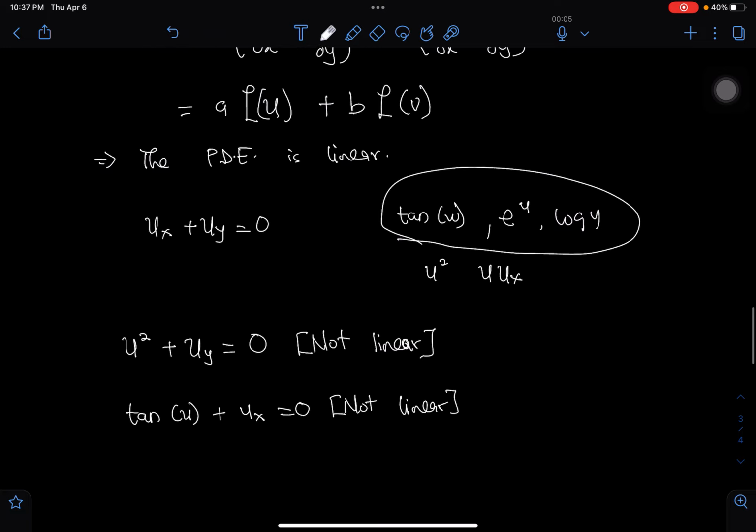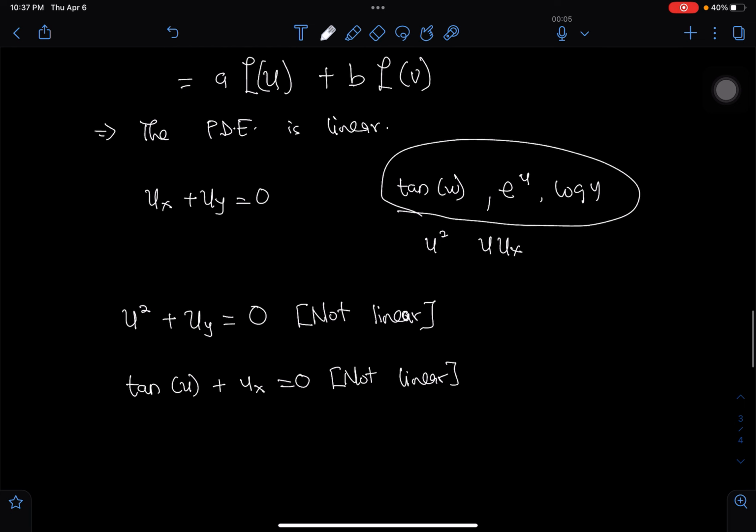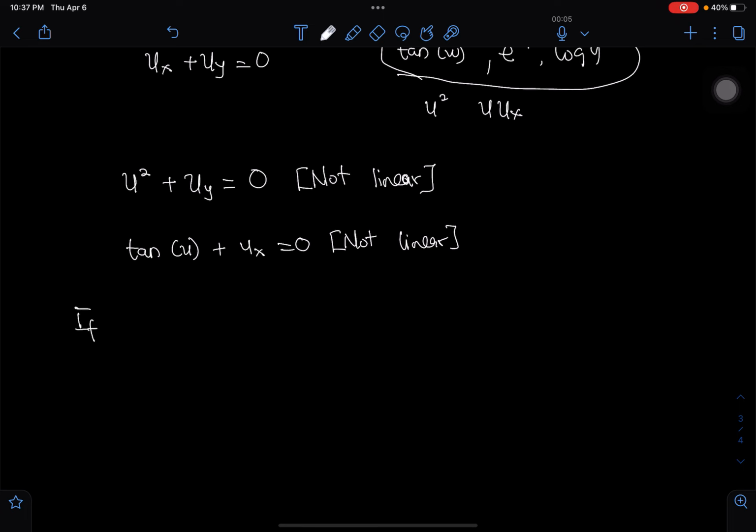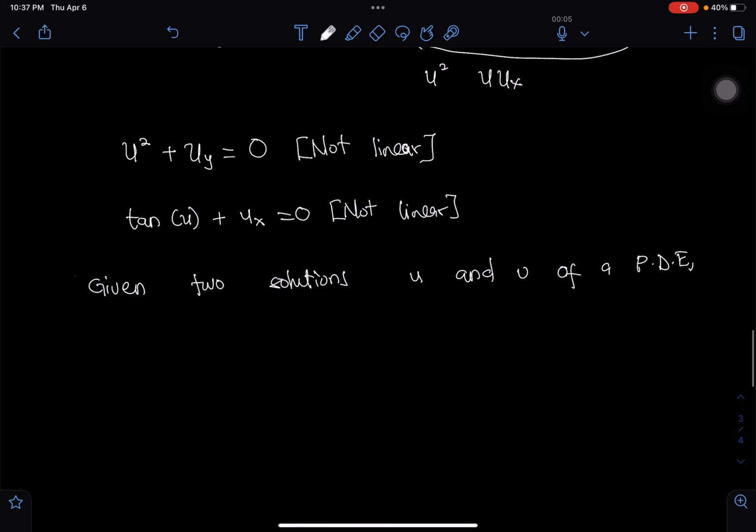And then one thing I want you to know about linearity is the benefit of linearity: if I'm given two solutions u and v of a PDE, then by linearity, a u plus b v is also a solution.